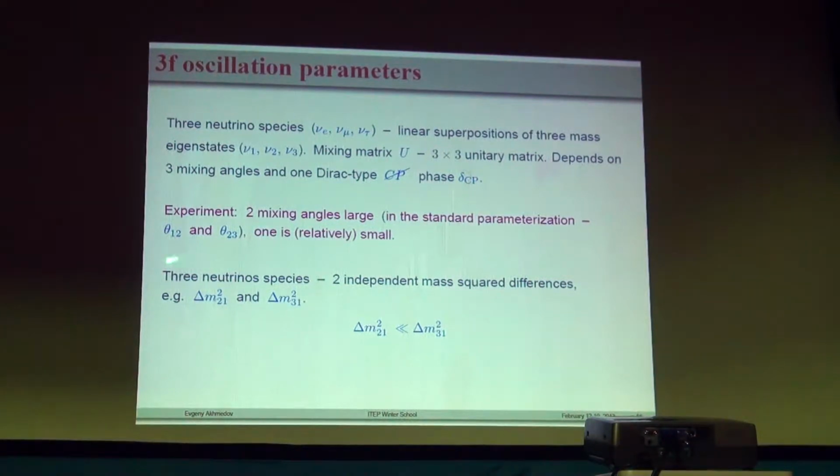The one which is called delta m squared 2-1, which by convention is the smaller one, is measured in the solar neutrino experiments, and it was also measured with better accuracy in a long distance reactor neutrino experiment, KamLAND. The other one, delta m squared 3-1, was measured in the atmospheric neutrino experiments and in the accelerator neutrino experiments. And it turned out that there is a hierarchy between them. Delta m squared 2-1 is much smaller than delta m squared 3-1.